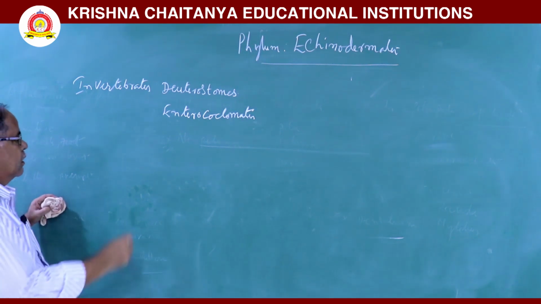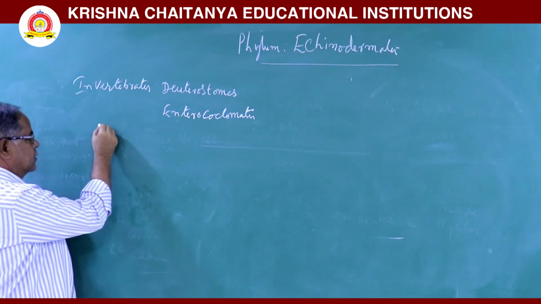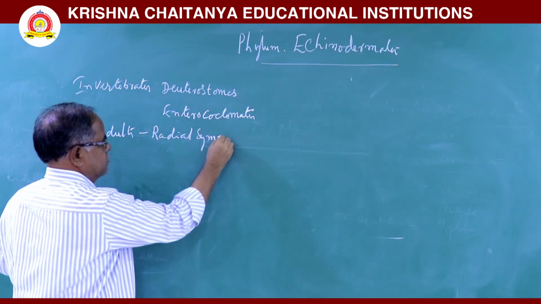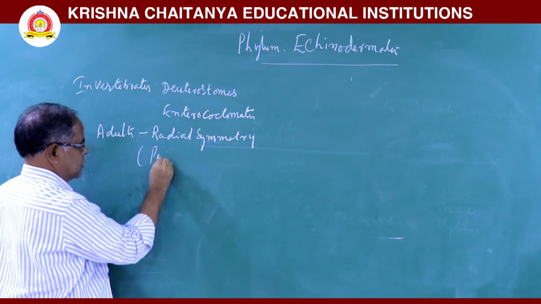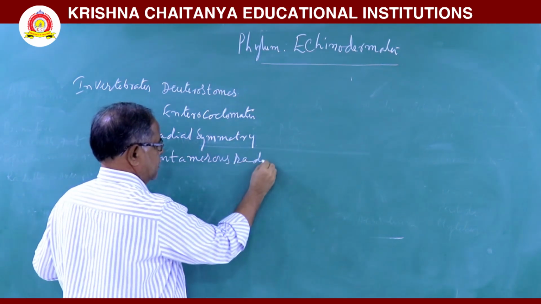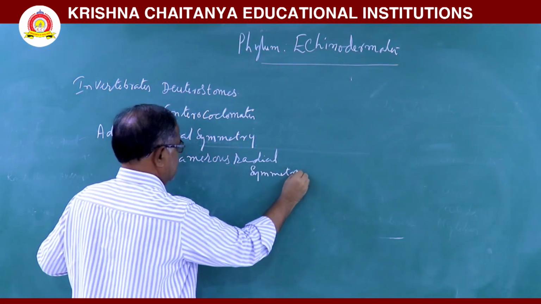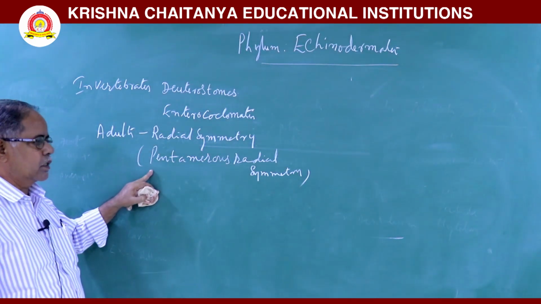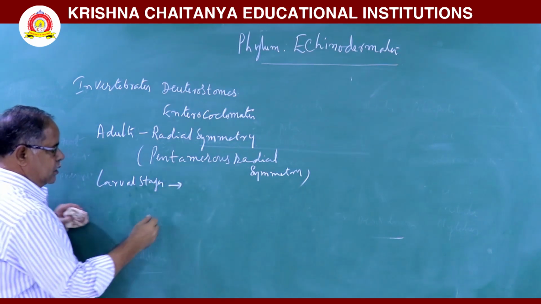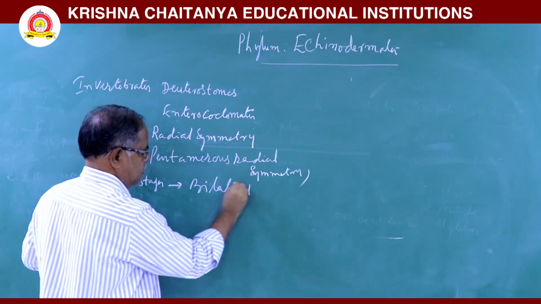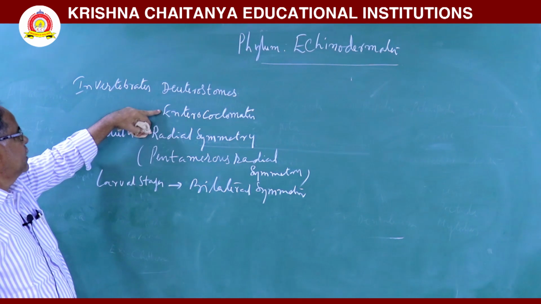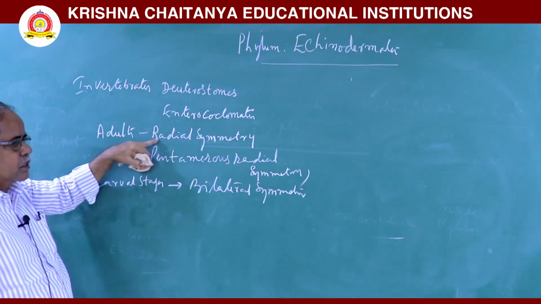Next, they have radial symmetry. In adults, radial symmetry is there.